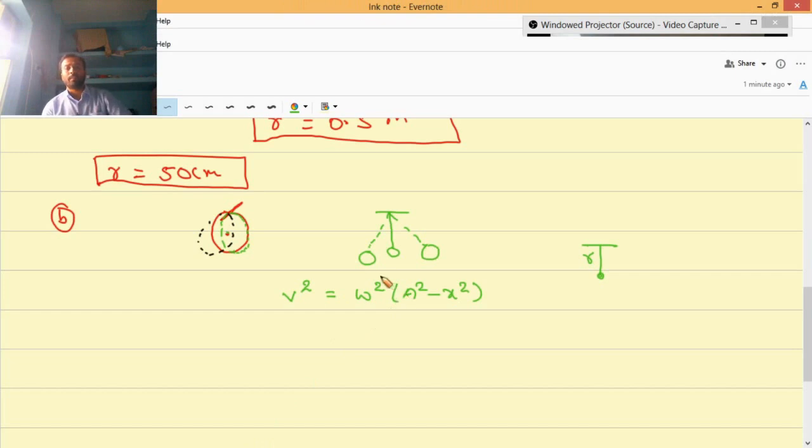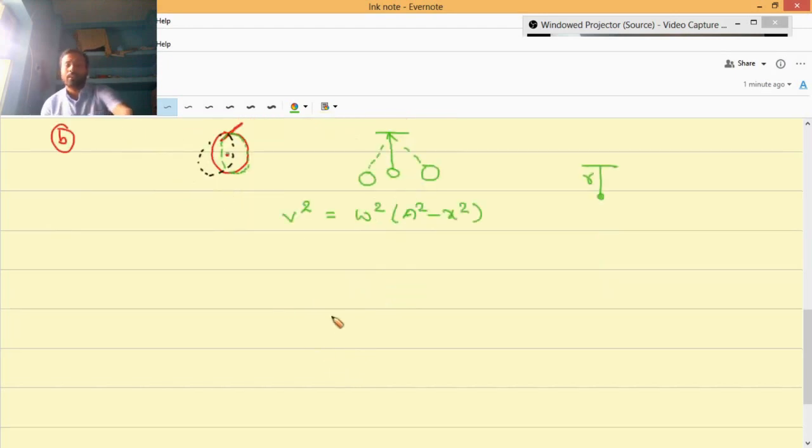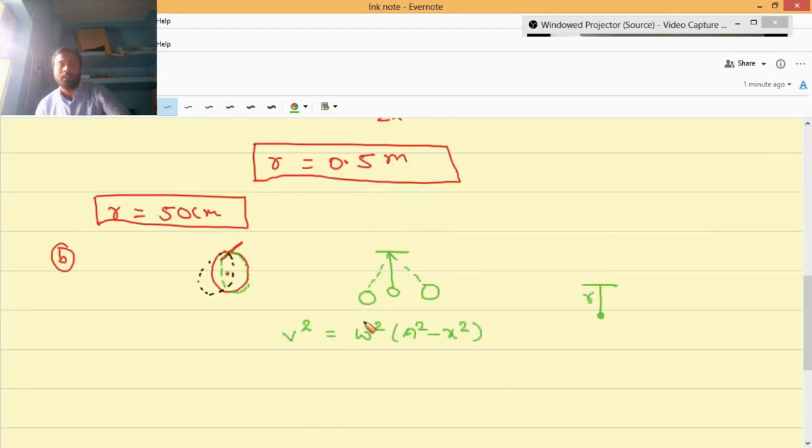In order to evaluate this omega square, or the value of omega, we will be considering the energy equation. In this problem, as we have considered this object very similar to this, to understand it more easily, this physical object will perform oscillation about its fixed point in this particular way.